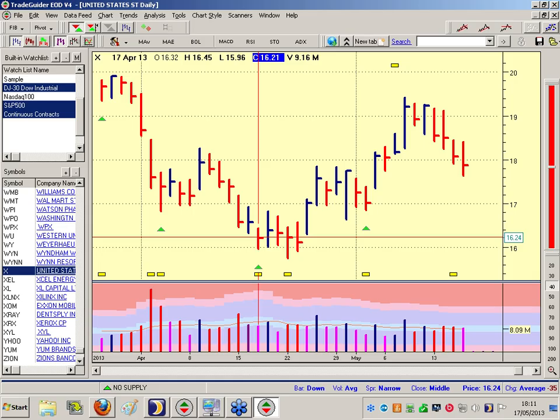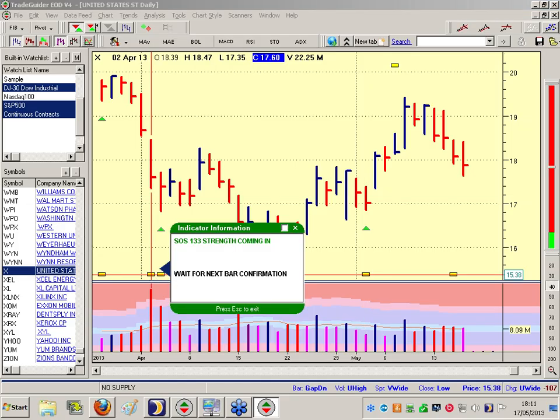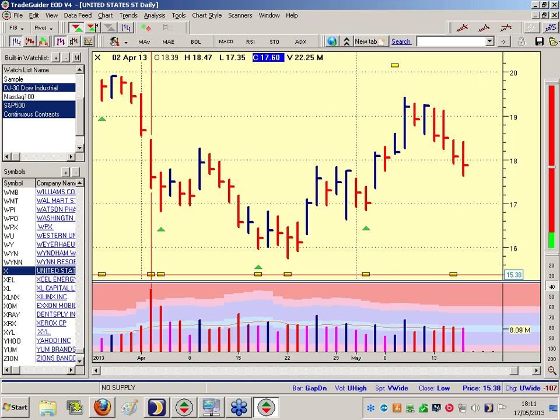Menno is still on the subject of testing. Do you compare the volume of May 2 with the volume of the test bar of April 17? So there's April 17. There was a test there. That was a no supply. And so do you compare that with that? And then his further question was, or the bar of April 2, this one has the same low. Yeah, that's April 2. So this is the kind of volume that you do want to see tested, Menno, which, yeah, that's very high.